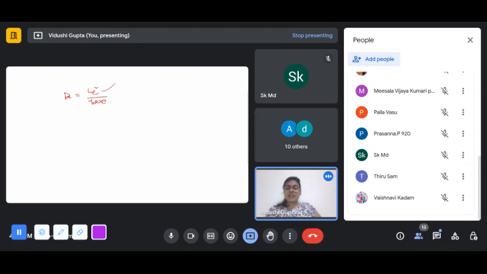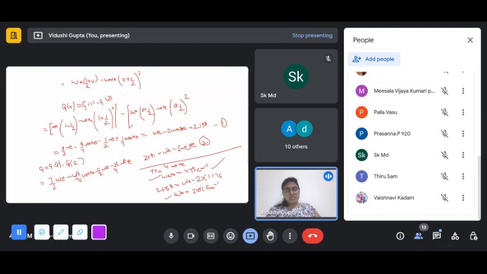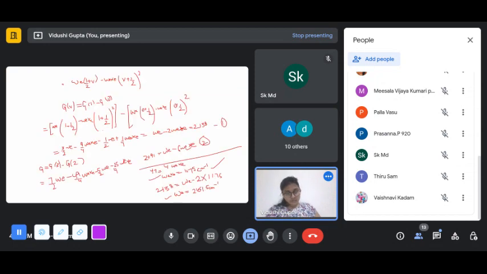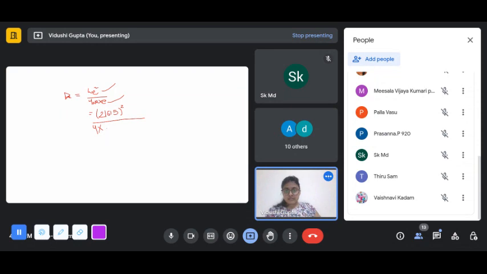You know the value of omega e and omega e x e. Omega e is 2161.5 centimeter inverse, squared, and the value of the anharmonic constant omega e x e is 11.75. From here you will calculate the value of the dissociation energy.